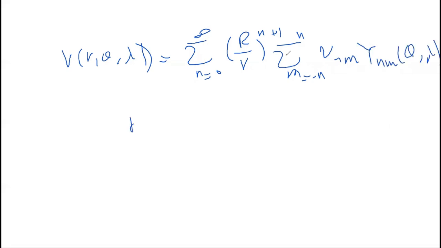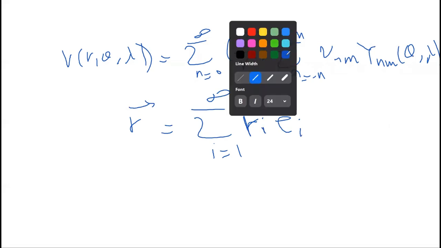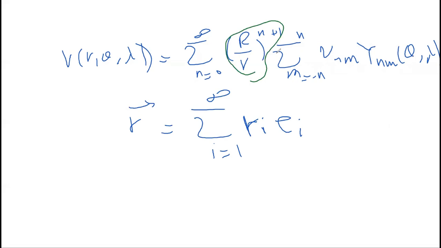Now look at this vector that I wrote: the sum from i to infinity of R_i E_i. So if you remember, that's the damping factor. It is based on the distance from the surface of the Earth, and shows how much the frequencies are damped or reduced.